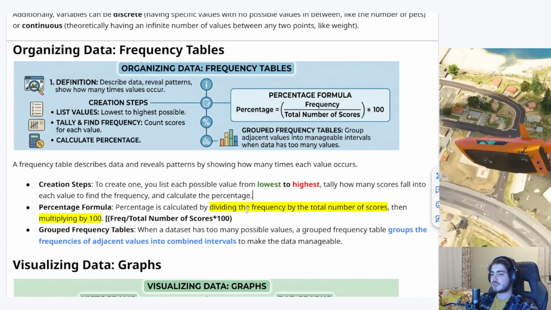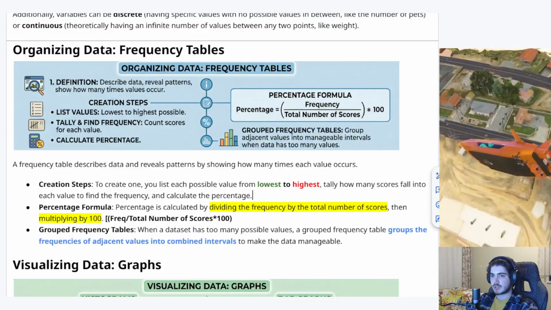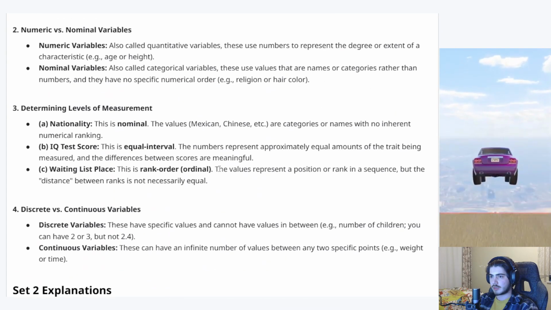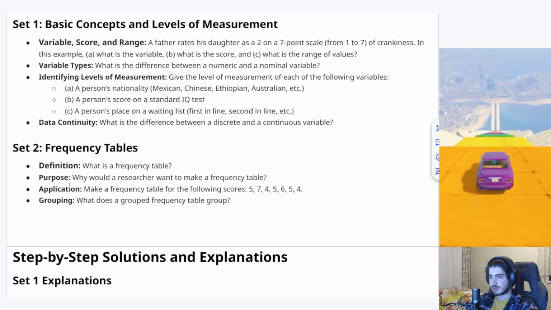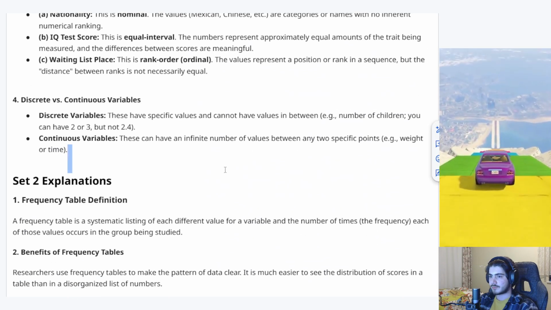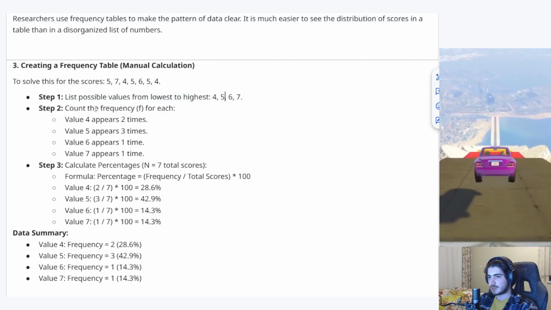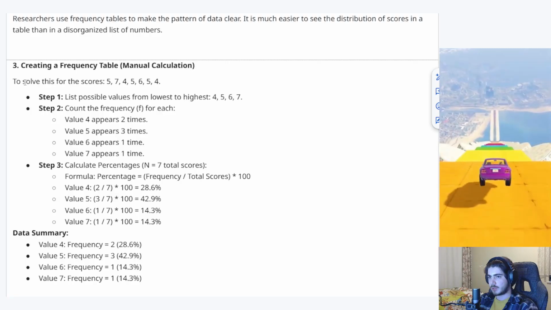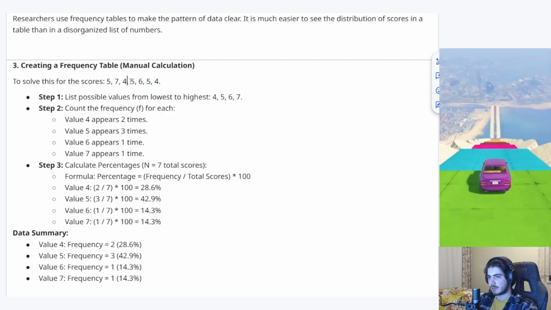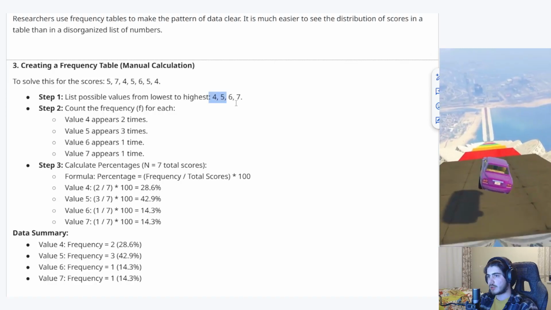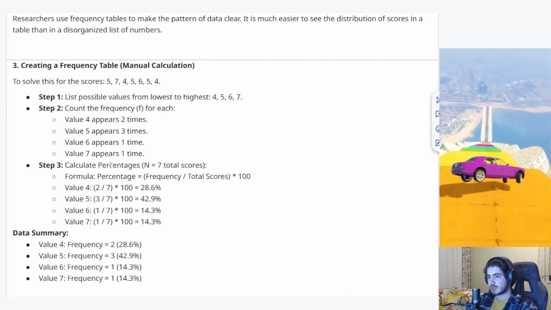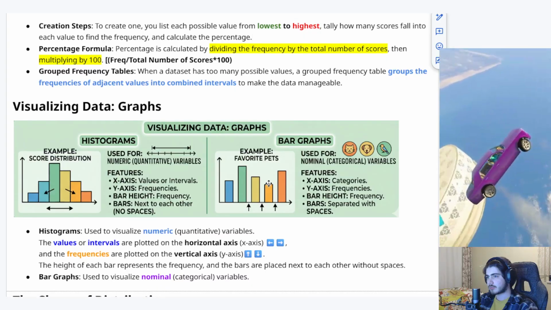So you get a bunch of values. Let me see if I can find this example of creating the frequency table. So you count the amount of times each value appears. You see 5, 7, 4, 5, 6, 5, 4. You take these and then you put them into a table.